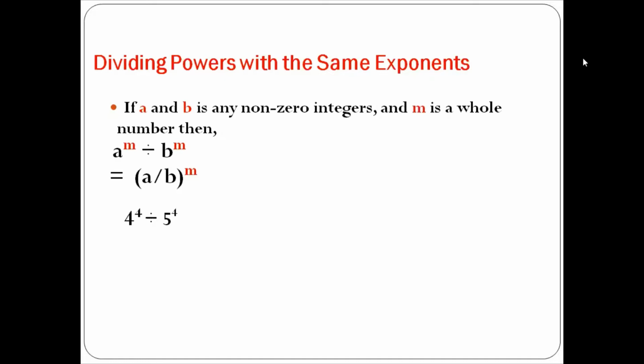Here in both the terms the bases are different, which are 4 and 5, while the exponent is the same, that is 4. So in this situation we will divide the bases and write the common exponent. 4 divided by 5, raised to the power of 4. So the answer is 4 divided by 5, raised to the power of 4.